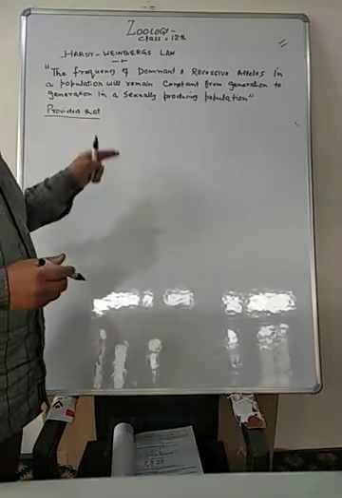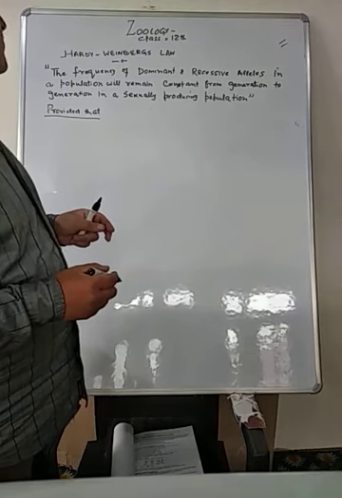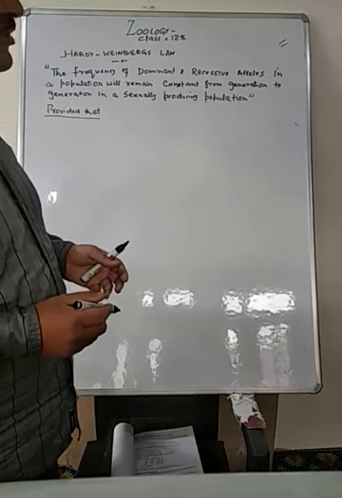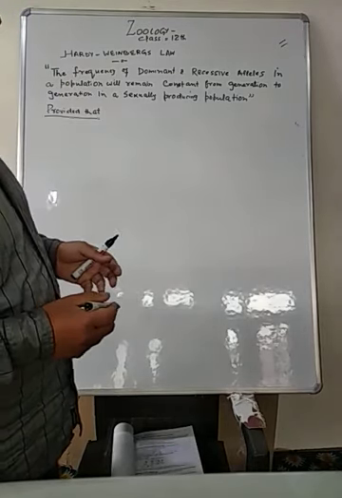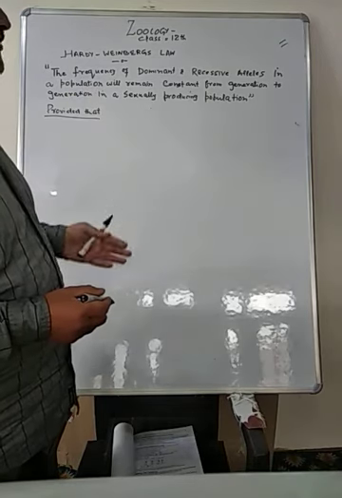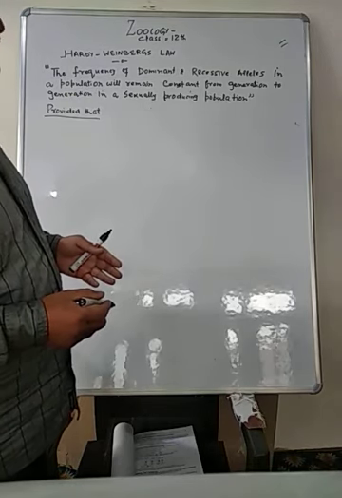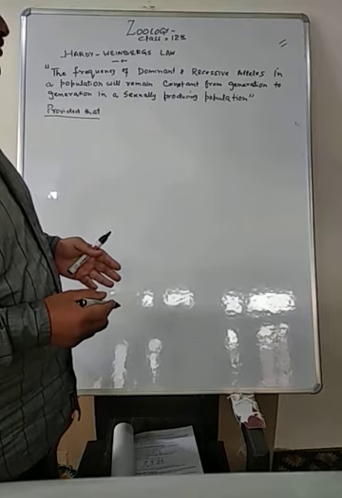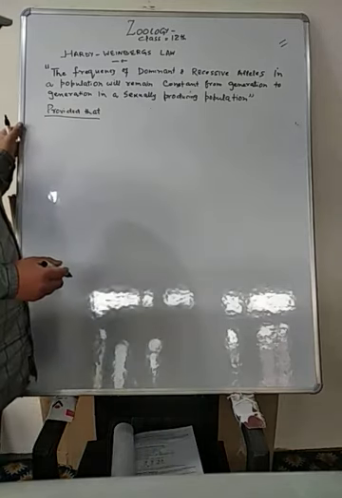In my previous lecture, I explained the Hardy-Weinberg law. As I told you, these two were mathematicians, and they gave the law regarding evolution: the frequency of dominant and recessive alleles in a population will remain constant from generation to generation in a sexually reproducing population.